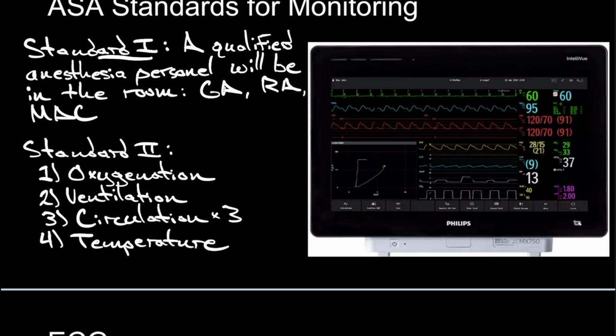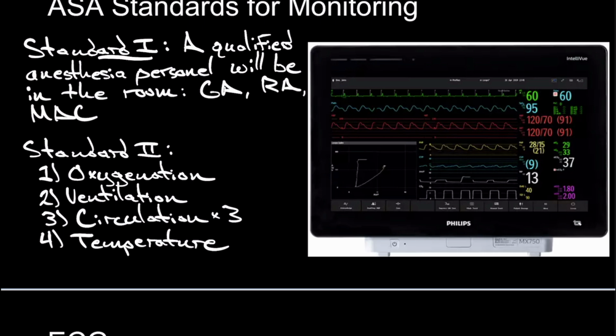Circulation is measured in at least 3 different ways. So all cases are going to have at least a minimum of a 3-lead EKG, and then that's going to be upgraded to a 5-lead EKG if there's any cardiac concerns. I'll say in my experience in Rapid City and in Sioux Falls, almost all cases include a 5-lead EKG. They're going to have a minimum of a blood pressure that's cycling at least every 5 minutes.